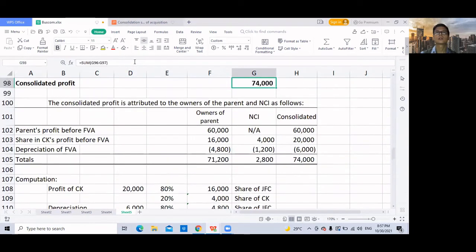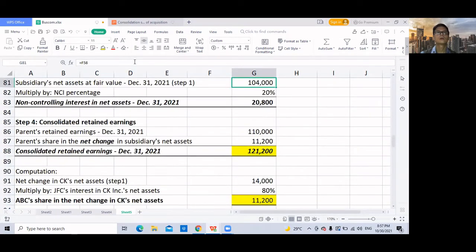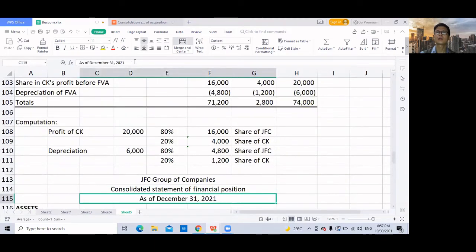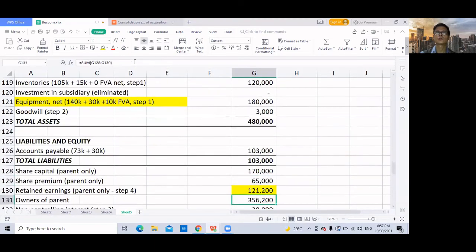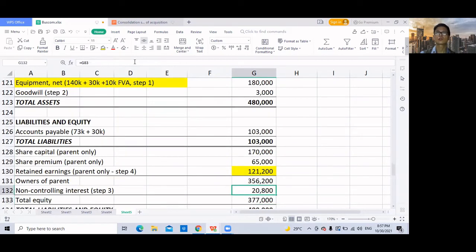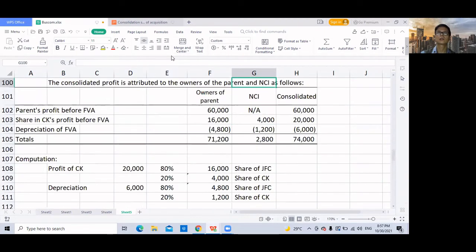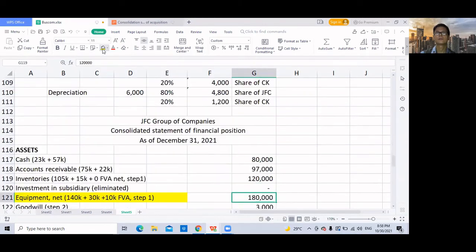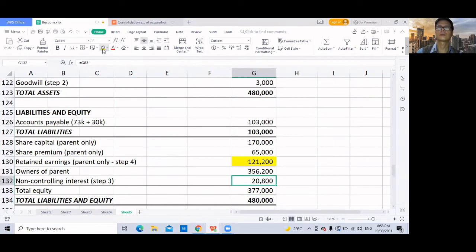We separated the non-controlling interest, which is also part of equity, but we just presented it separately. So the non-controlling interest is 20,800. We saw it in step 3: the 20% of the 104,000 subsidiary's net assets. So we have a total equity of 377,000.